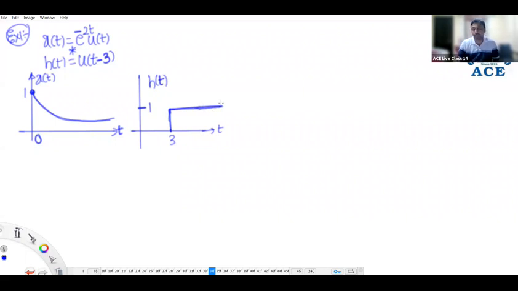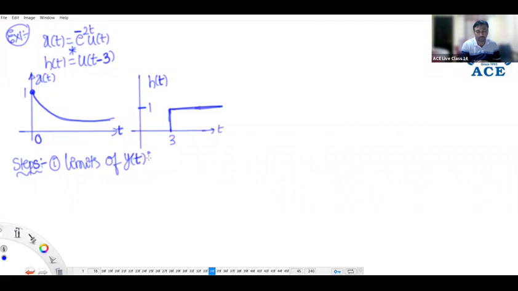Take the graphs of the functions. First one decaying, next one step function starting from 3. Before following that folding and shifting, I am adding one extra step here. Try to get the limits of output.